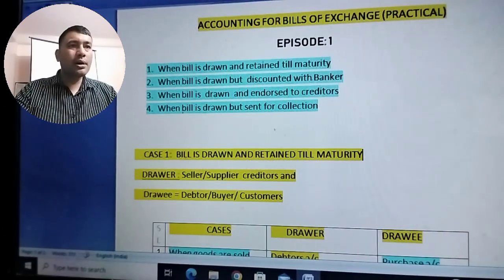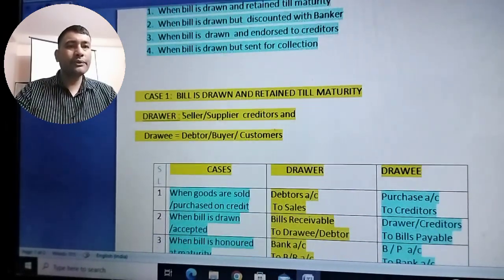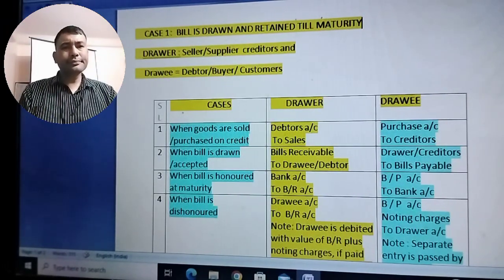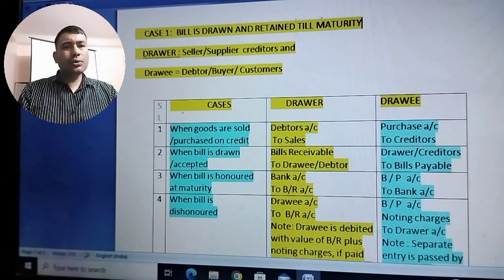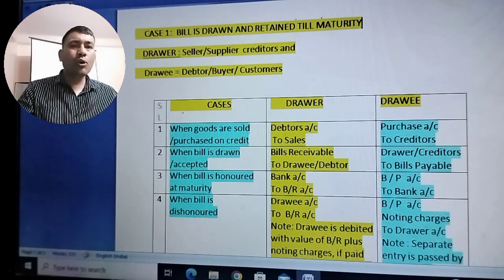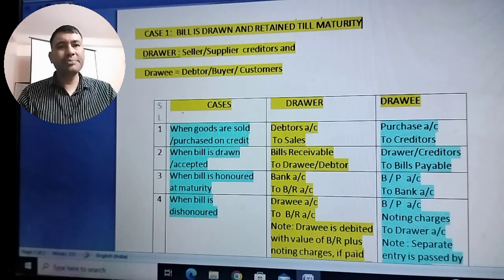Now we have to learn how to pass journal entries in the books of the drawer and the drawee. Whatever may be the case, the first situation arises when goods are sold and bought on credit regarding a trade bill.